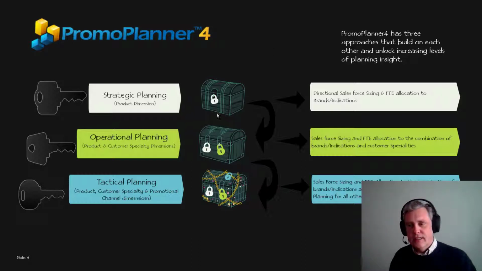Here's the treasure we're trying to get, and we're going to try and unlock increasingly more of this insight. So the first level is strategic planning, and this is intended to give us a sort of high-level direction of sales force sizing. And this level of project planning does not require any customer information at all.